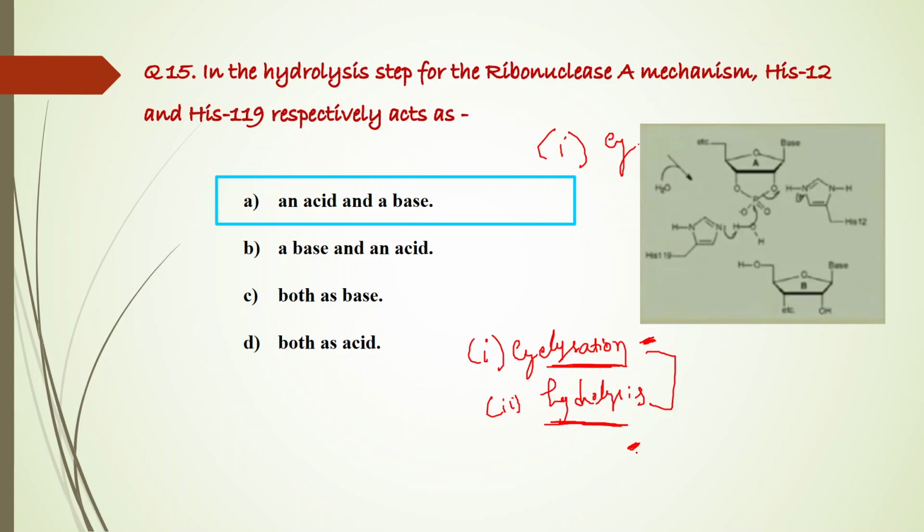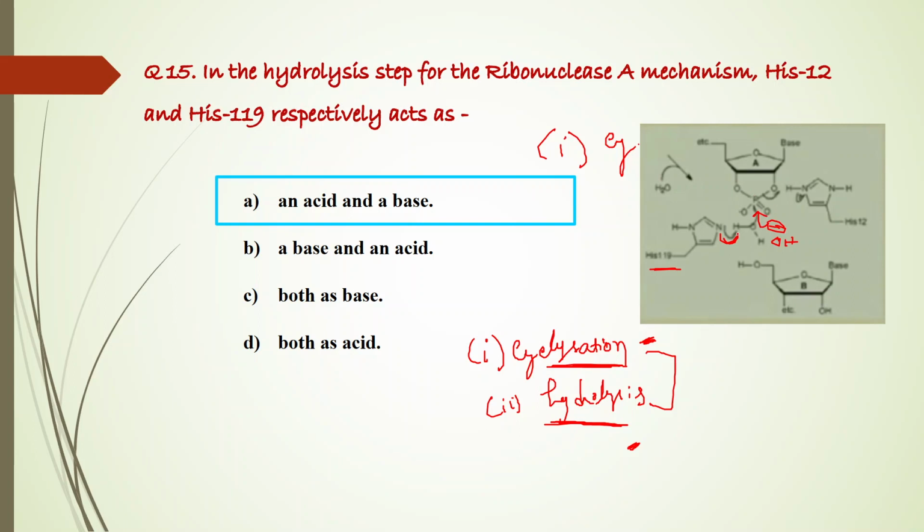Now for us, the question is about the hydrolysis step. So this is your hydrolysis step, after the cyclization has happened. What is happening here? This is your histidine 119 residue, which is taking up a proton from a water molecule. Why? So that we can generate a hydroxyl ion which can then attack this P double bond O center.